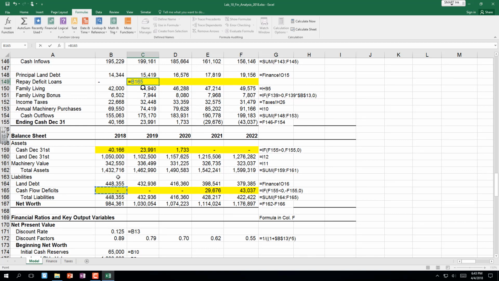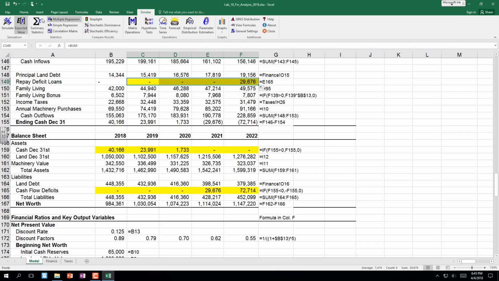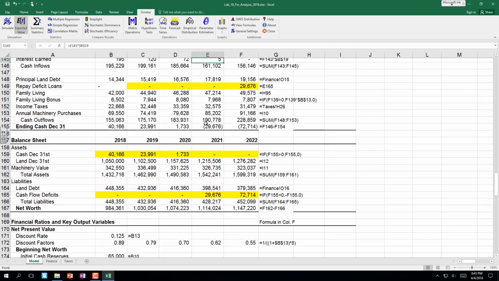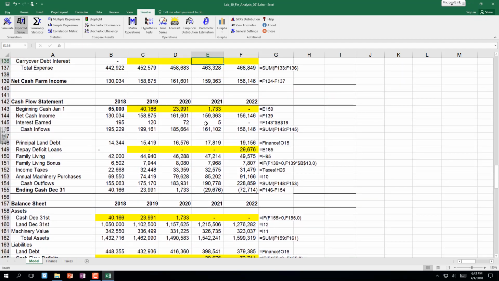So repay the deficit loan, so it's equal to that. I come in and drag that number across. Now we have 2 years that are deficits at this point. Now remember we had one more row up there.